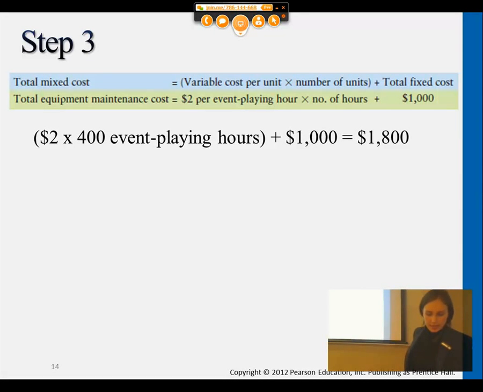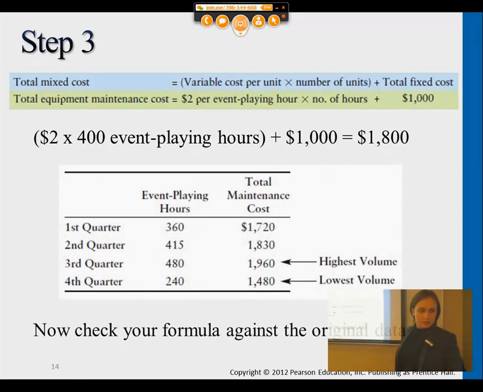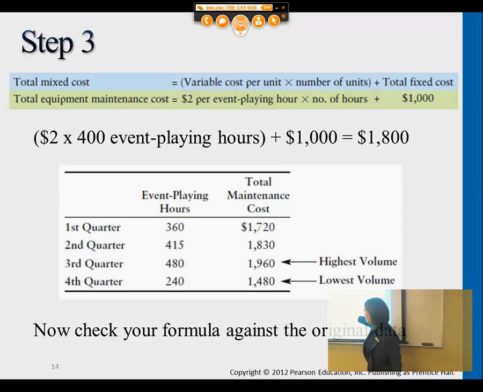So I'm going to say that I'm using my 400 event plane hours, and I know that $1,800 is what I'm going to have to pay. We have highest volume, lowest volume.